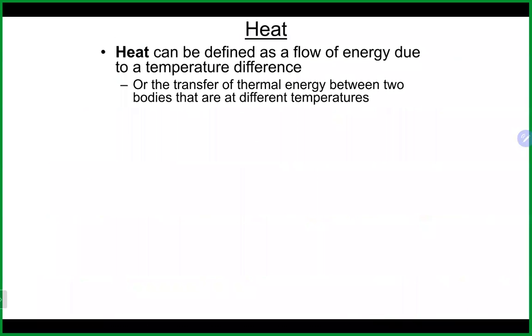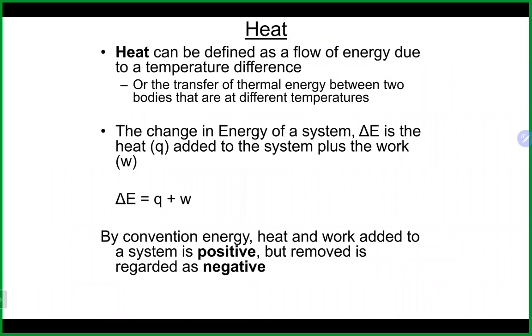All right. So to finish up this chapter, we've been talking about heat, and again, that is the flow of energy due to different temperatures. Delta E is the change in internal energy, and it works the same way. If you have a negative value for the change in internal energy, that means energy is going to be released, or if it's positive, it's going to be absorbed.